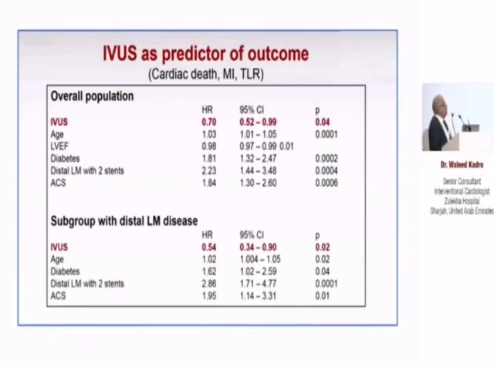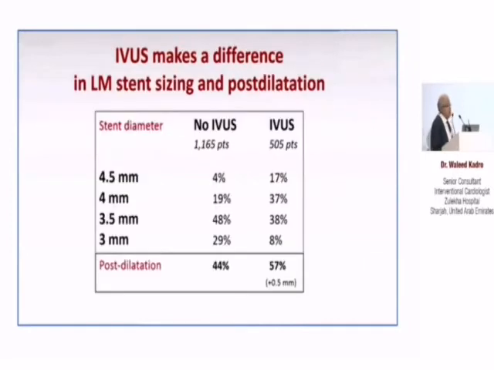So using IVUS as a predictor of outcome, whether it's death, MI, or target lesion revascularization, we know this is the most important thing. It decreased the incidence of the bad outcome by around 50%. It's 46%, because the hazard ratio is 0.54.